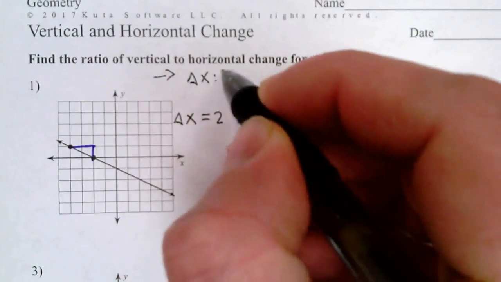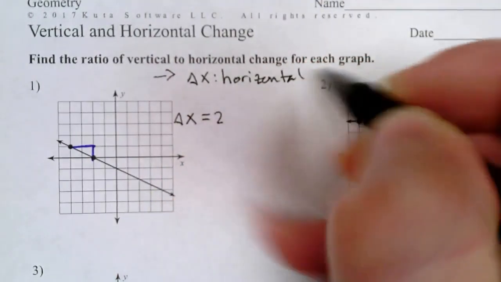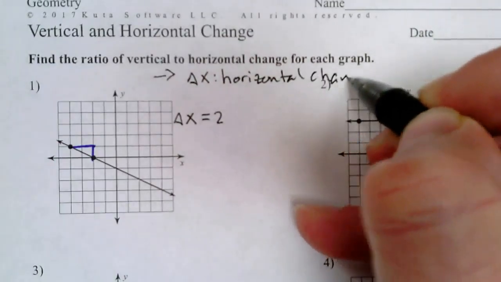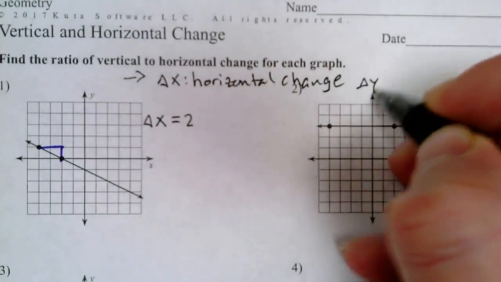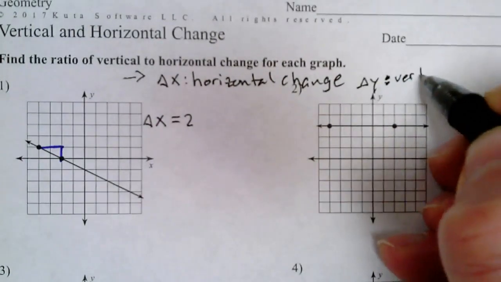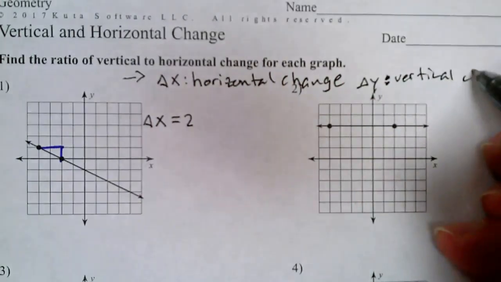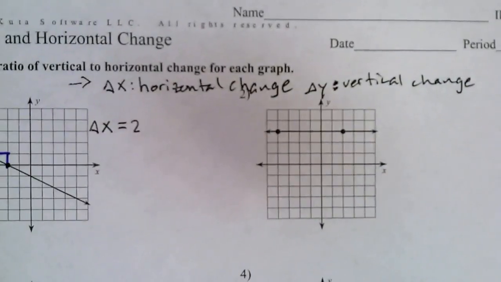Delta x is horizontal change, and delta y is vertical change. Okay? Horizontal change, vertical change.